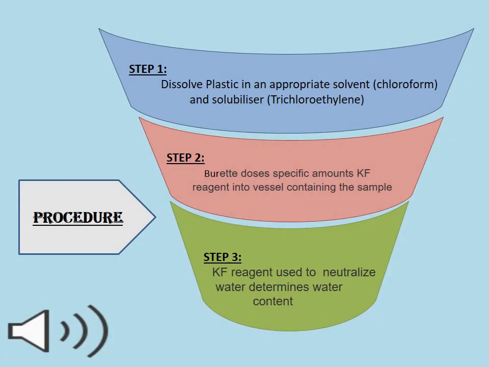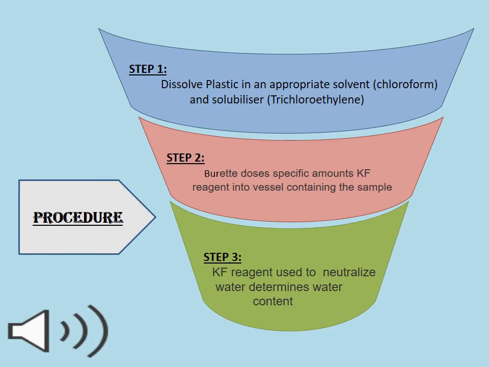So now comes the procedure. The first step is to dissolve plastic in an appropriate solvent, that is chloroform, and in a solubilizer, that is trichloroethylene. I have told the function of solvent and the solubilizers. The next step is, after dissolving plastic in solvent and solubilizer, we have to titrate a specific amount of KF reagent into the vessel that contains the sample.